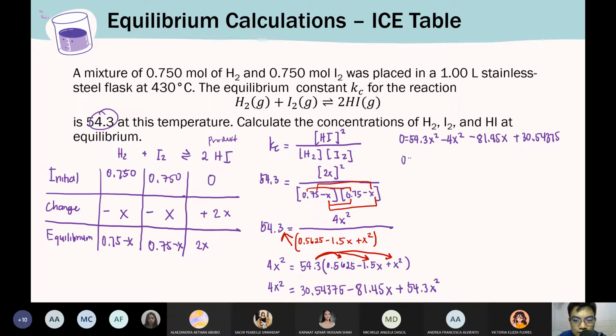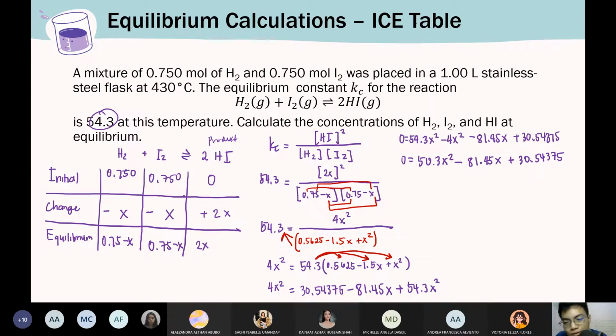So, basically, that's 50.3, 81.45, 35.4375. Ay, nakakapagod. Nakakaumay na. Now, malapit na tayo matapos.